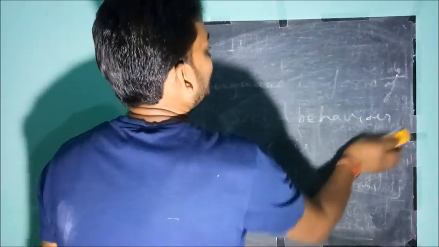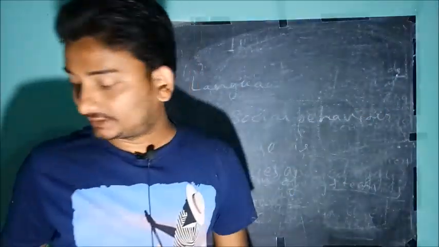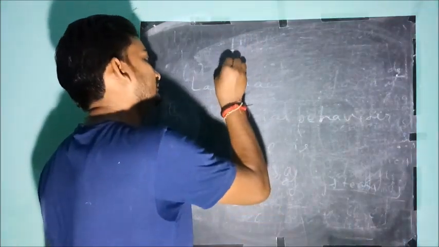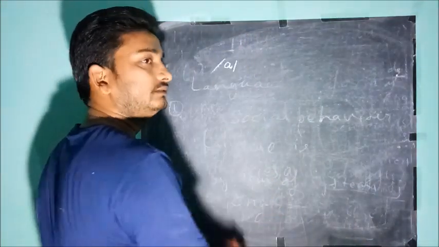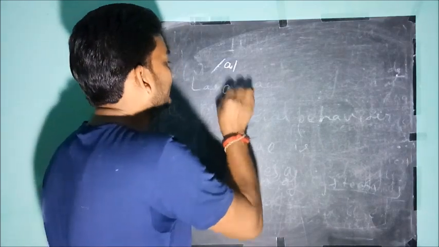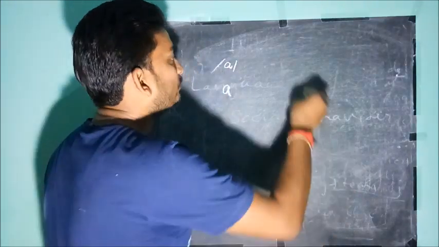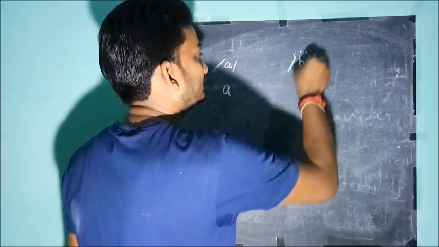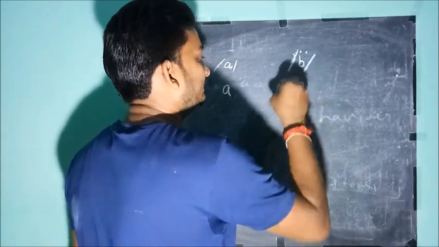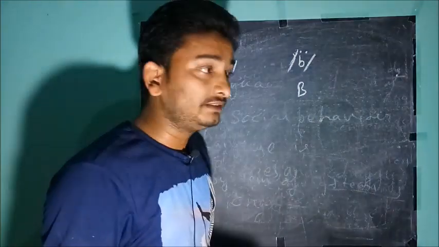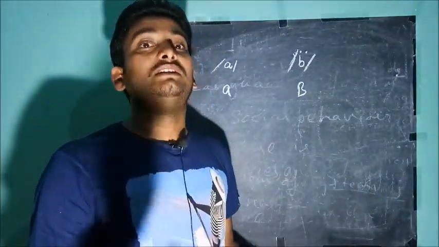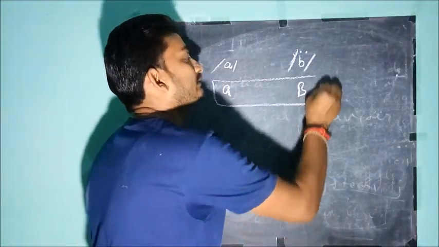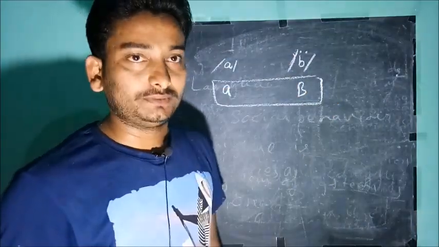How? There are several symbols. There are sounds like a, which is represented by A, and a sound like b, represented by B. There are several sounds which are represented by symbols, that is, alphabets.